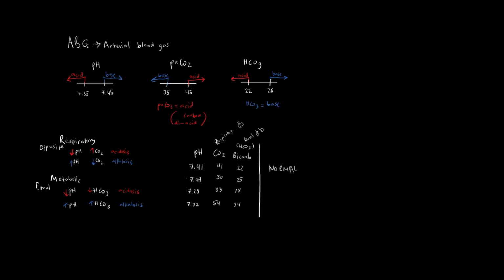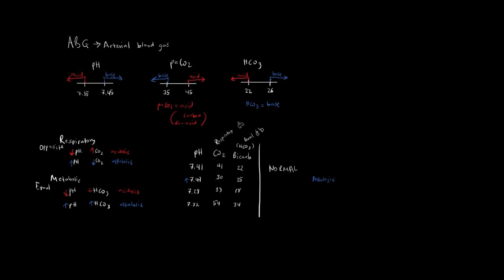The pH is 7.47, which is greater than normal, and so we are in a state of alkalosis. Now, to determine if this is a respiratory alkalosis or metabolic alkalosis, we're going to have to look at the relationship between the pH and PaCO2 and the relationship between the pH and the bicarb.